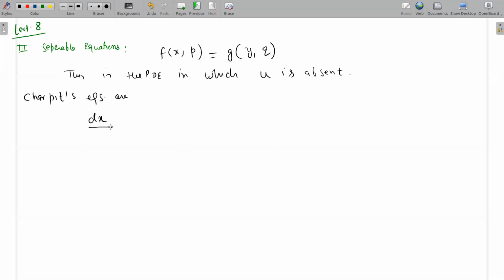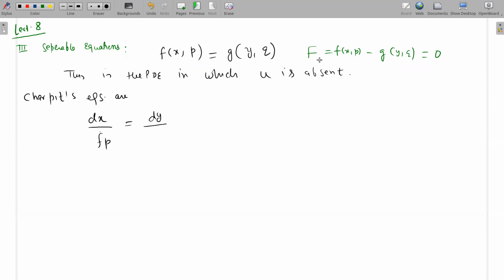So what you got: dx by, what will be here? Or if you want to write in that notation, capital F. So you need to write these two on one side. So this is my capital F. So dx by f p, since p is only in the first one in small.